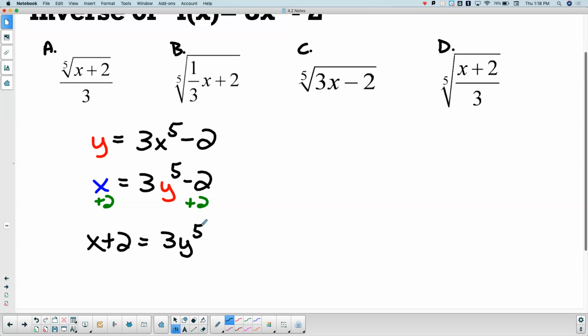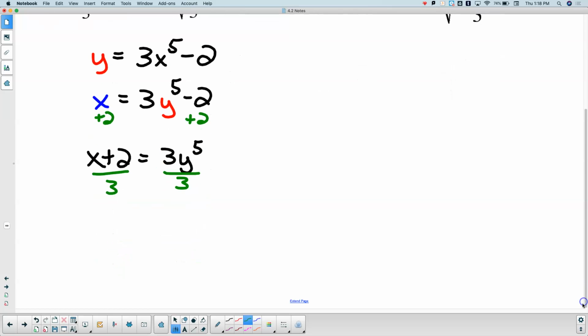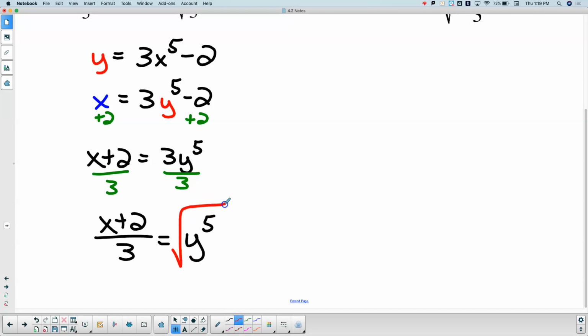Now, the difference between A and D is what? If you divide first or if you take the root first, right? Mathematically, you divide first. Then we take the 5th root.